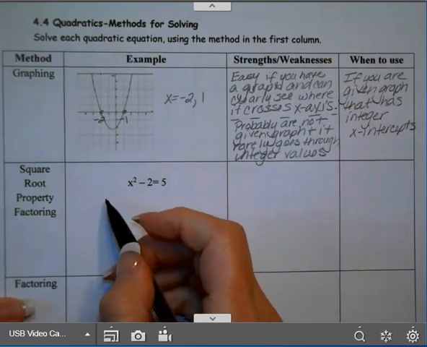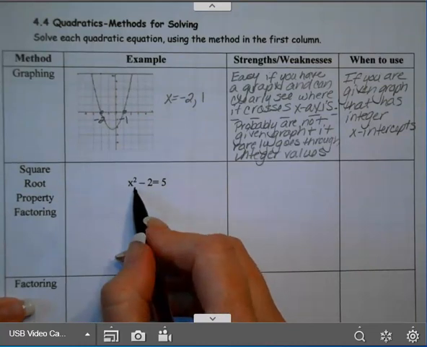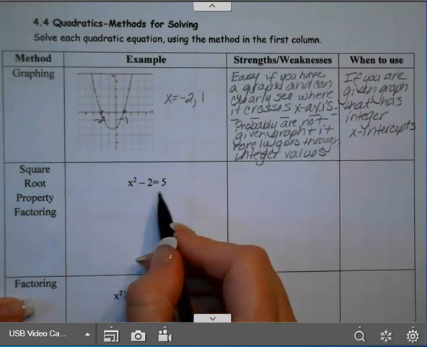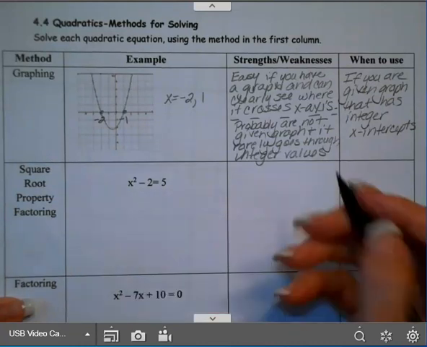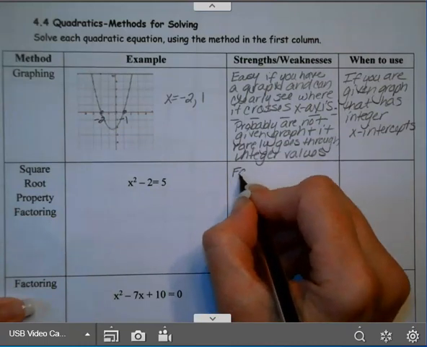For the square root property, so if I have x squared, a squared term, and just numbers, this is a nice, fast, and easy way to solve. That's the strength of it.